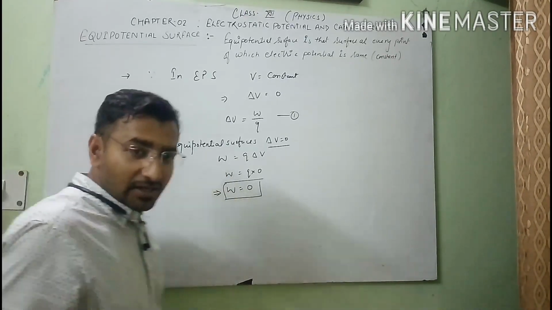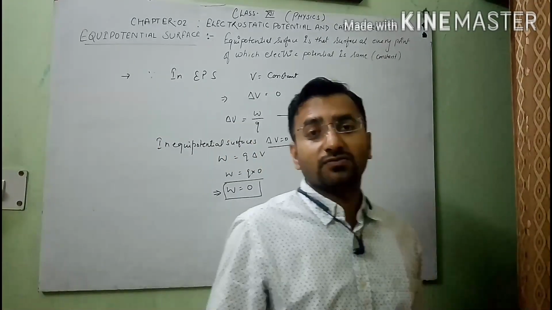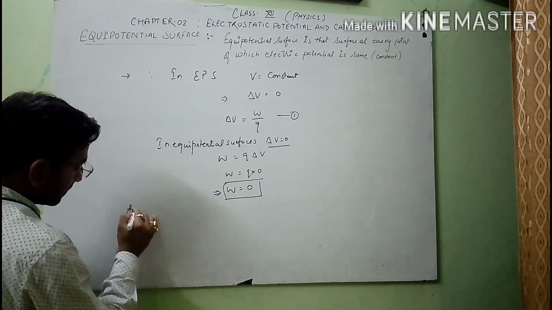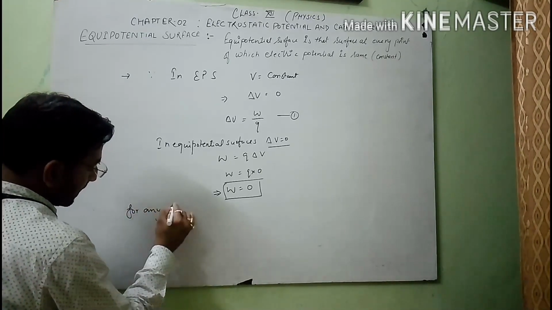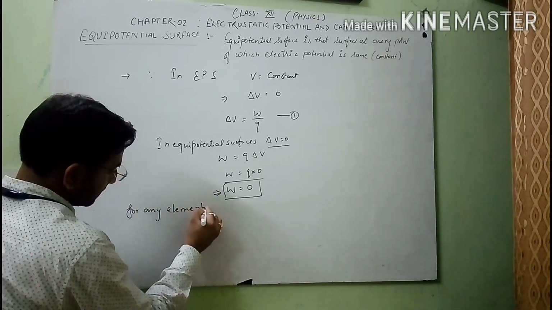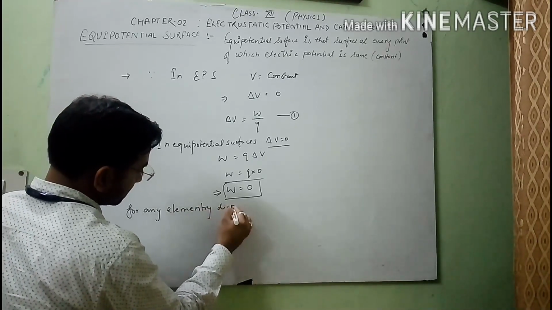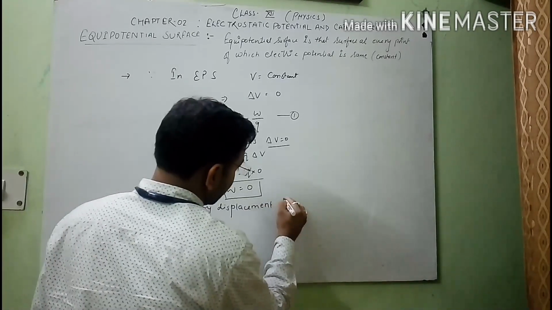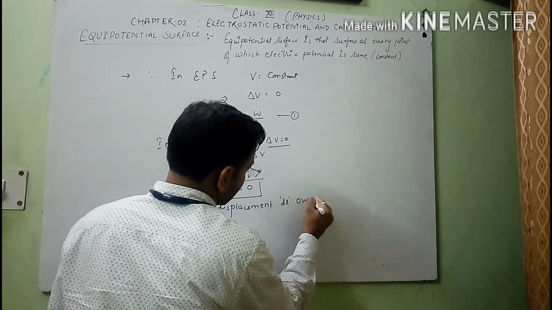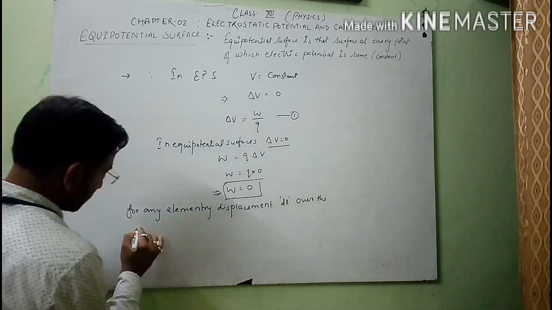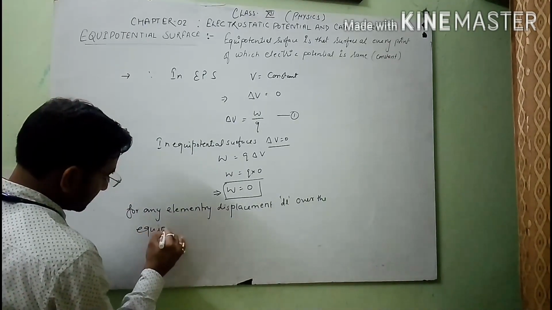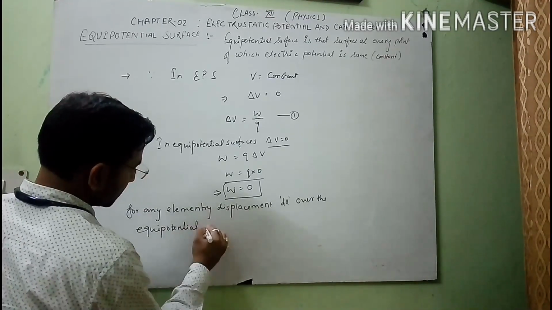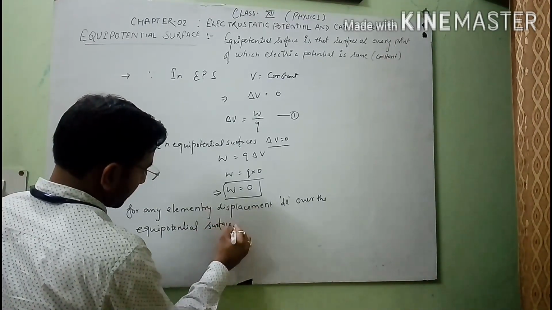It means that there is no work done to carry a charge from one point to another point in an equipotential surface. For any elementary displacement dl over the equipotential surface, this is an important point, see here students, equipotential surface.